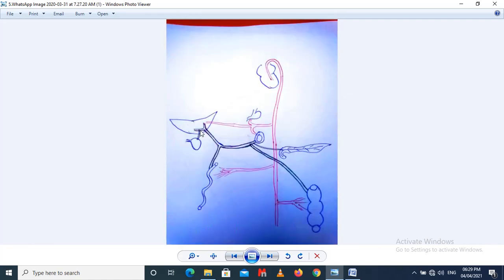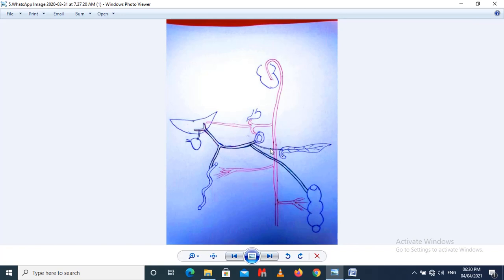Now coming towards the next slide. Over here we can see the pancreas, which is responsible for secretion of pancreatic juices and some hormones, for example, glucagon and insulin, etc. This also gets a vein. A vein arises from the pancreas, and this vein is called the pancreatic vein.